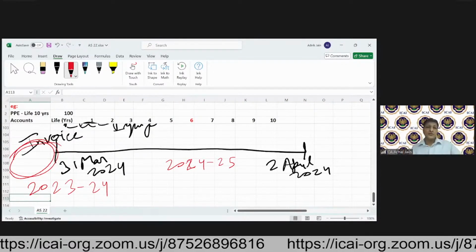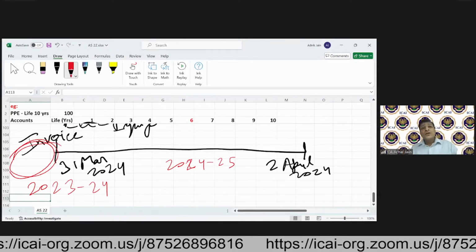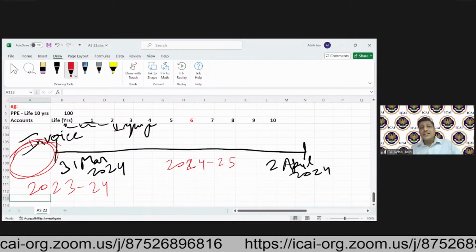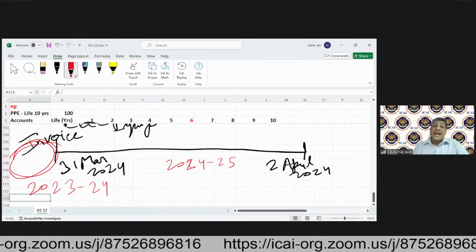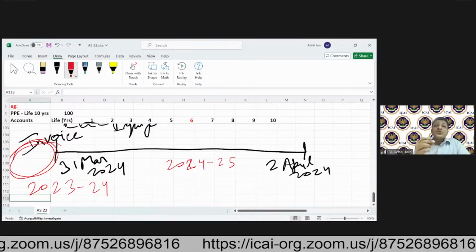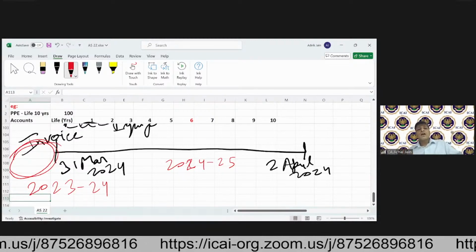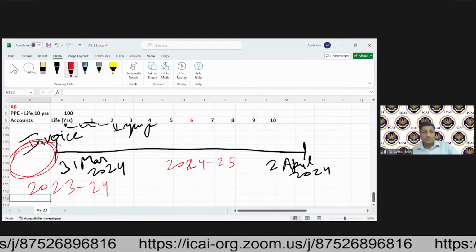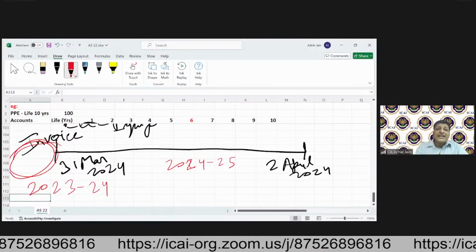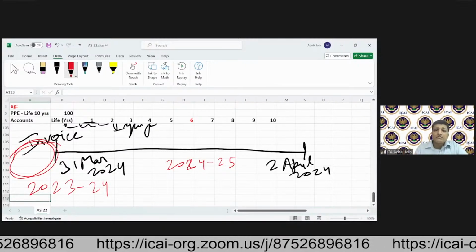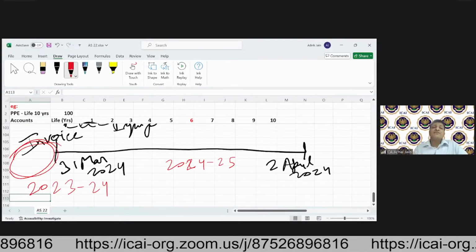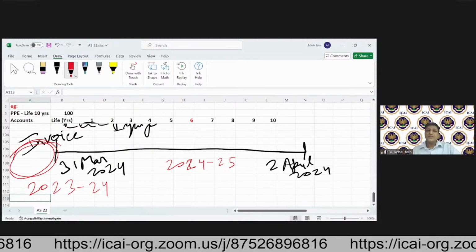Now, the question for you: what do you think should be the revenue recognition criteria and basis on which the company should recognize revenue? Means, in which year should the company recognize this revenue? Should this revenue be recognized in 23-24? Yes or no, and with reasons, please. Over to you, everyone.